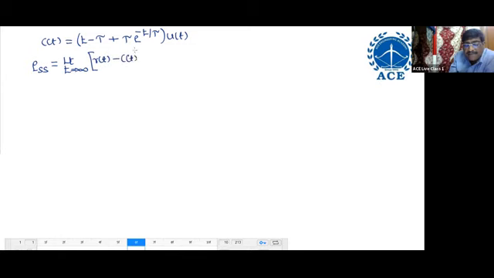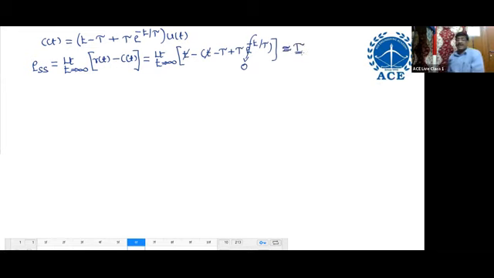R of t is t, and c of t is t minus tau plus tau e power minus t by tau. Then t cancels, and e power minus infinity is 0. Minus minus becomes plus. Then the answer is tau. So the steady state error is tau.